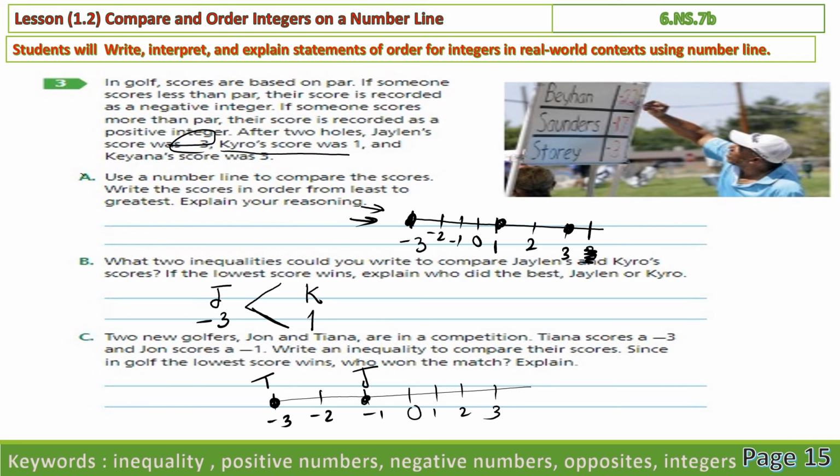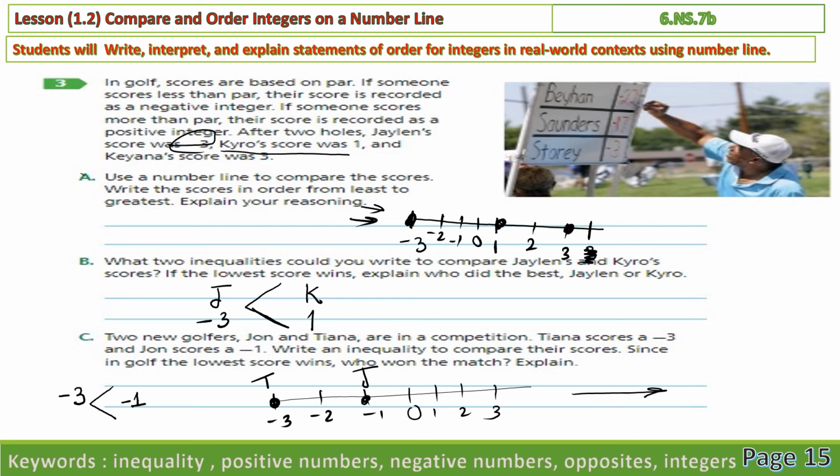Who did well? Tiana -3 and John -1. We always go from left to right. Left is lesser, and then as you move, the numbers get bigger. So -3 is less than -1. Both of them are losing, but -3 is less than -1.